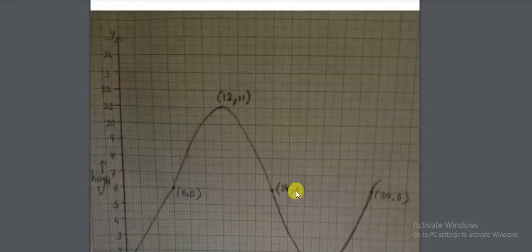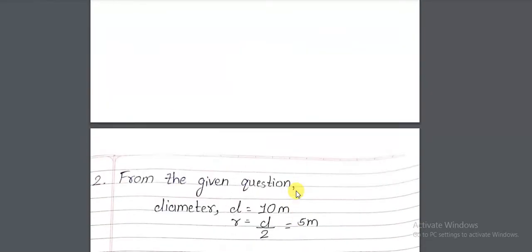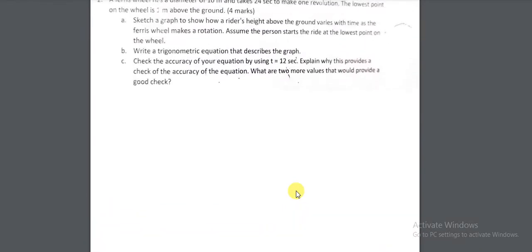Now question 2c is: check the accuracy of your equation by using t = 12 seconds. Explain why this provides a check of the accuracy of the equation. What are two more values that would provide a good check?